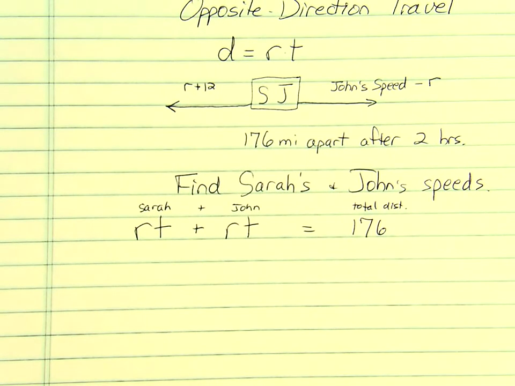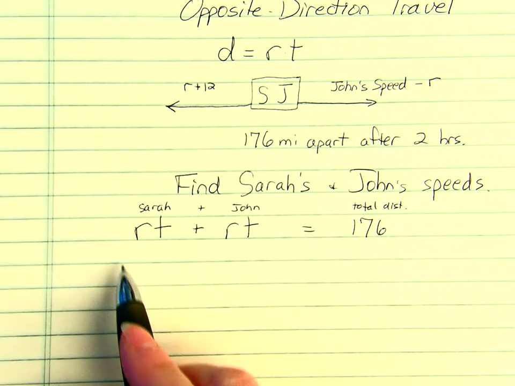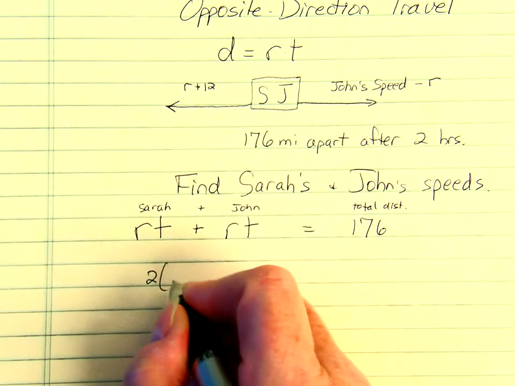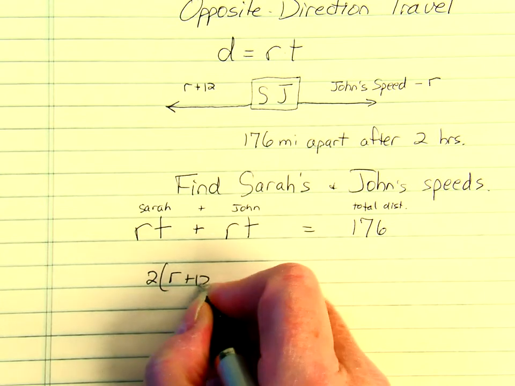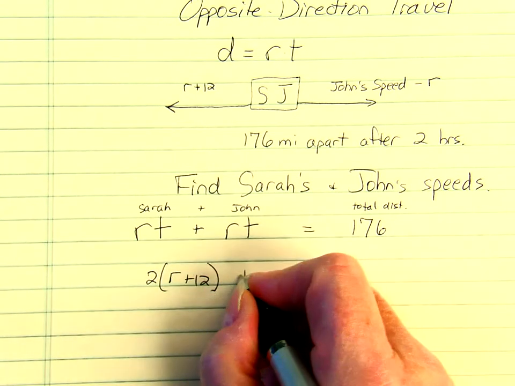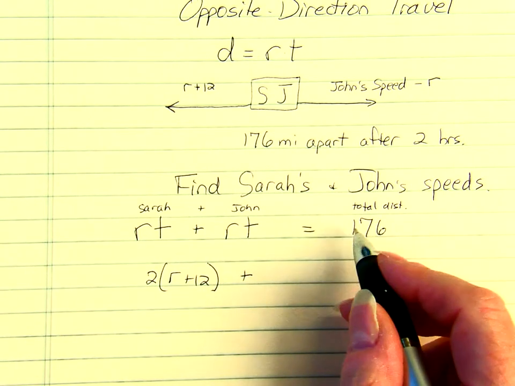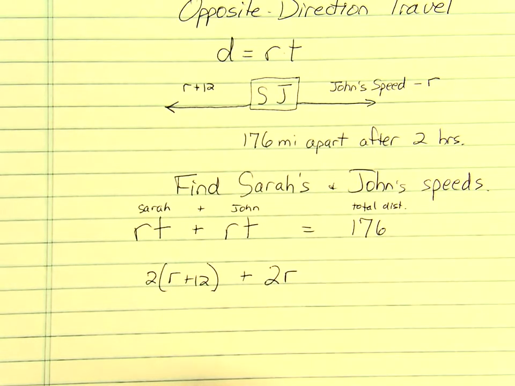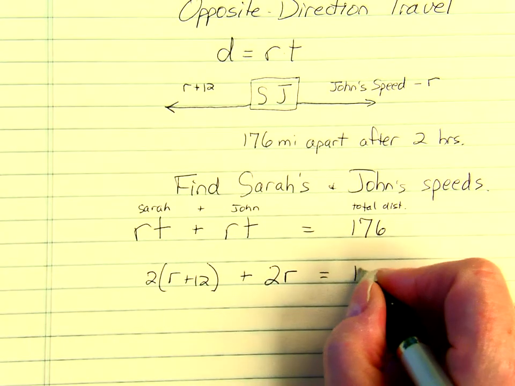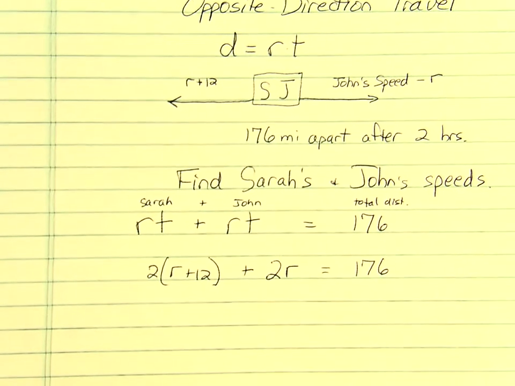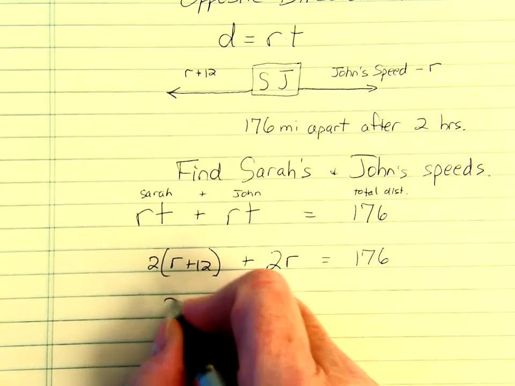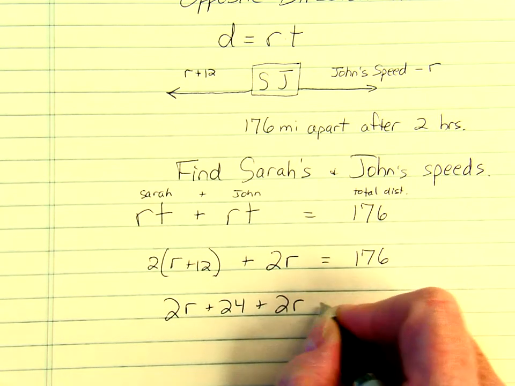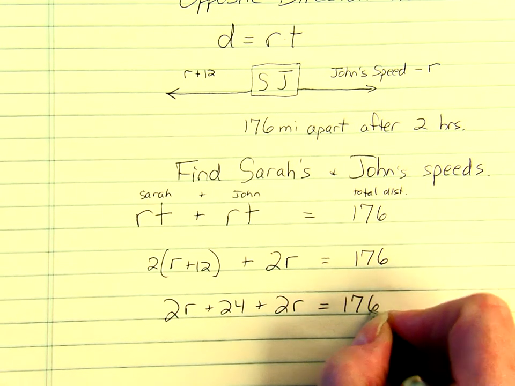So I know that for Sarah, I've got 2 hours and my rate is R plus 12, plus for John, I've got 2 hours and his rate is R, and this is going to equal 176. And now once again, I'm going to solve it. So 2R plus 24 plus 2R equals 176.